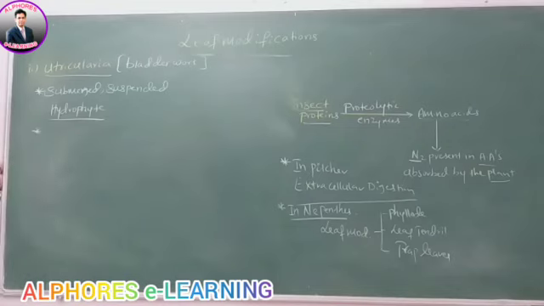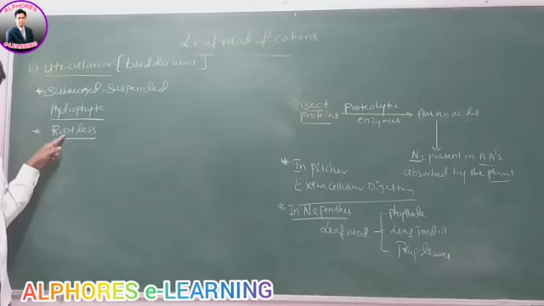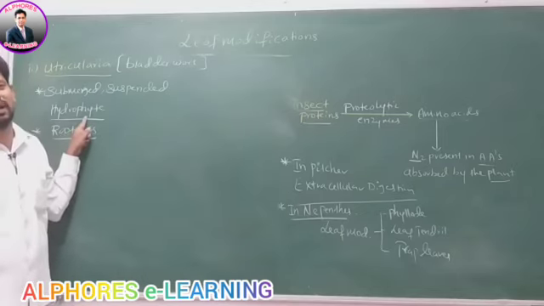Utricularia is without roots. Therefore, it is rootless. So Utricularia is a submerged, suspended, rootless, insectivorous hydrophytic plant.